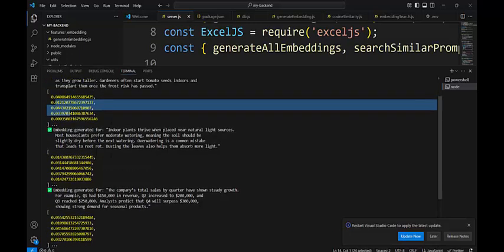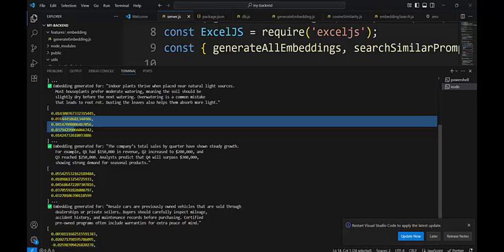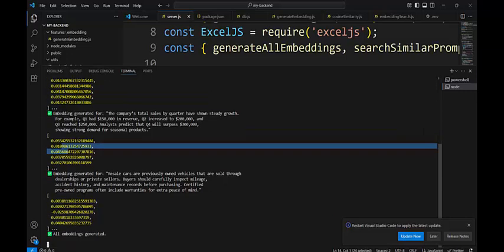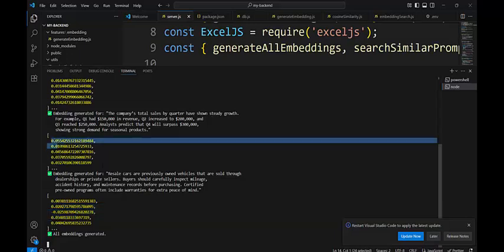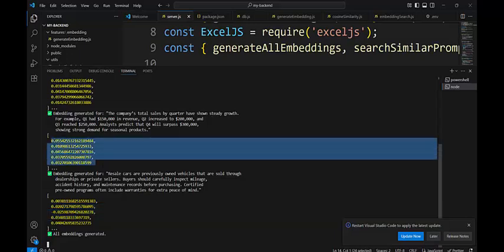1, 2, 3, 4. All our data is automatically embedded on the start of the server. Here is embeddings, only 5. This is only 5 members of one vector embeddings.